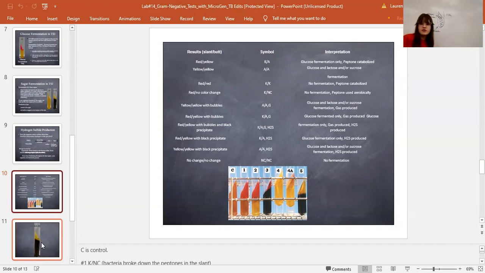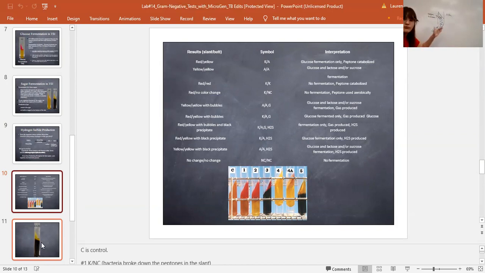Another thing that I did want to point out is that if a slant becomes a deeper red, it means that the peptones have been used, because remember, that's one of our ingredients. If it is completely red, then only the peptones were used.